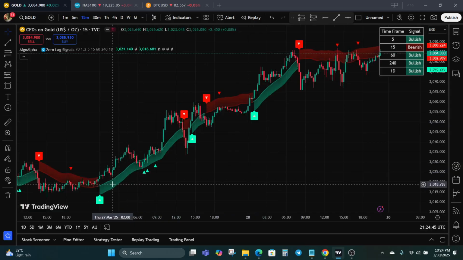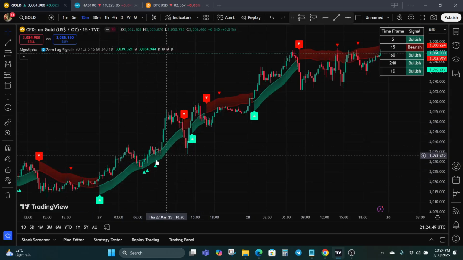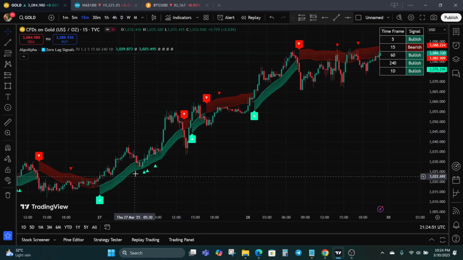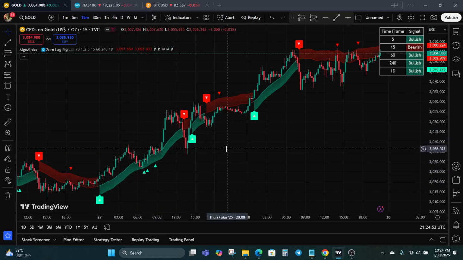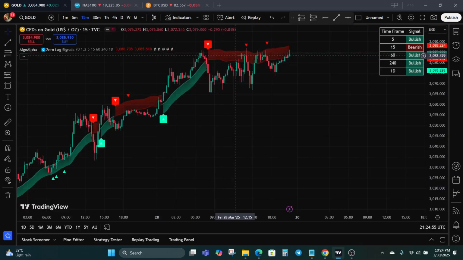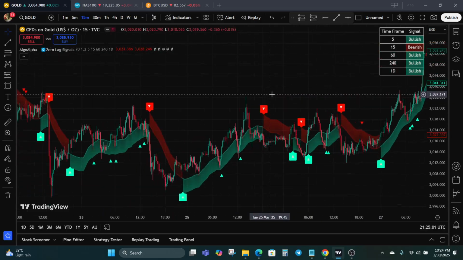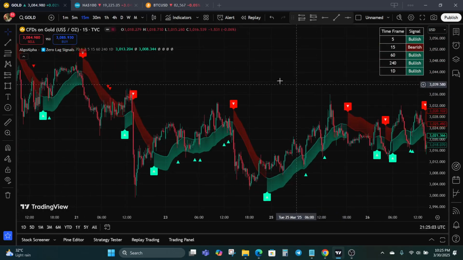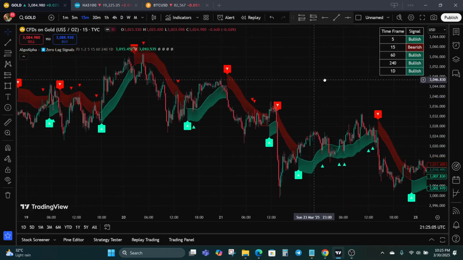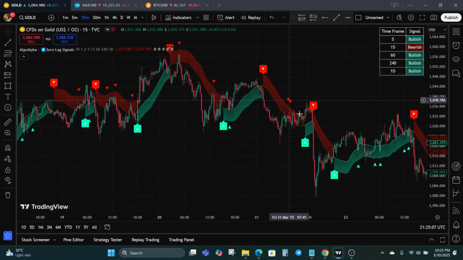As you can see, this shaded green area below the candlestick shows that the prevailing momentum is bullish, and then the red shaded area above the candlestick shows that the prevailing momentum is bearish. So this indicator can help you confirm trend strength with the aid of those shaded areas, right? It's like a moving average, a shaded, thick moving average, right?